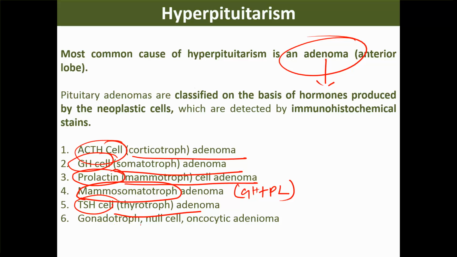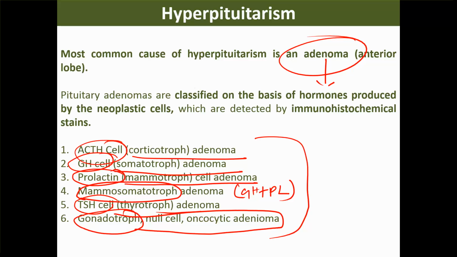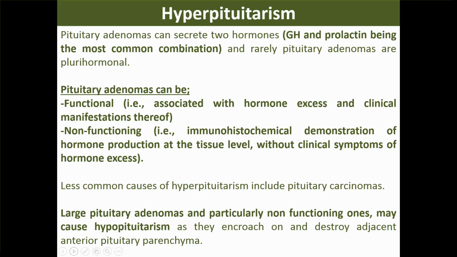Or if there is some gonadotrophic secretion, it is called null cell or oncocytic adenoma. These are only the different names you have to study. Remember, the adenomas can produce a single hormone or two hormones. With two hormones, the most common combination is growth hormone and prolactin.